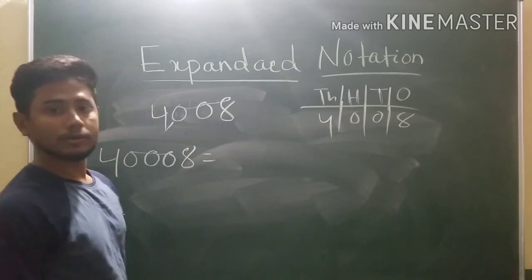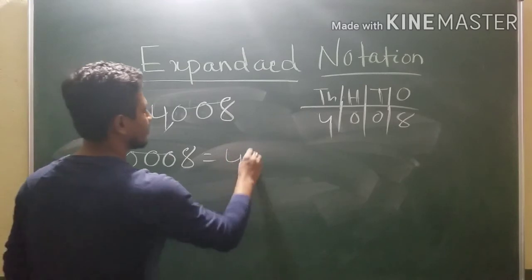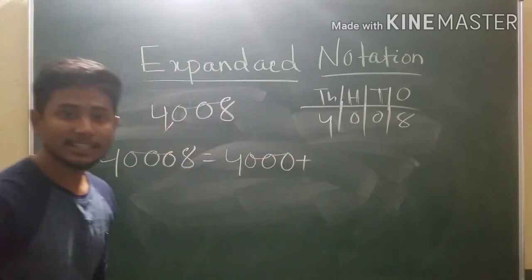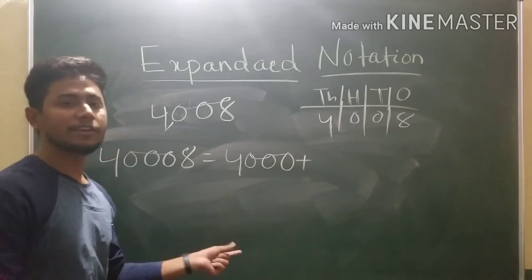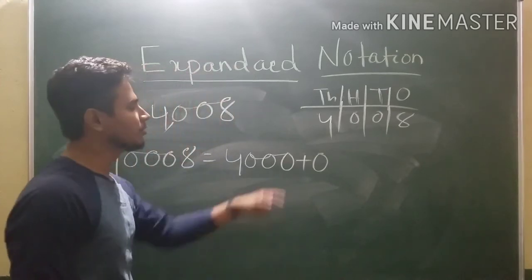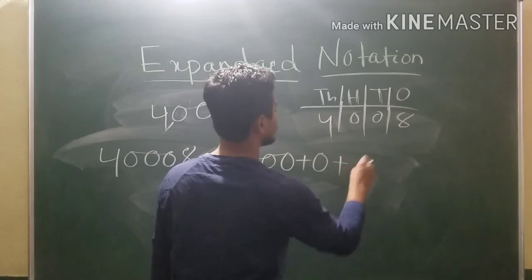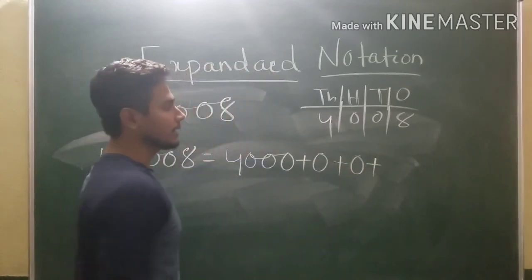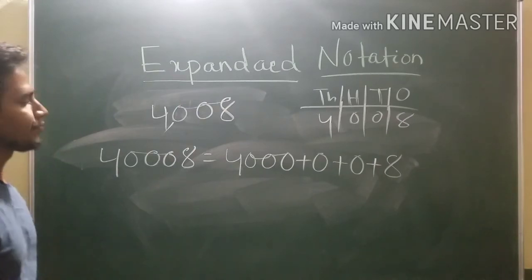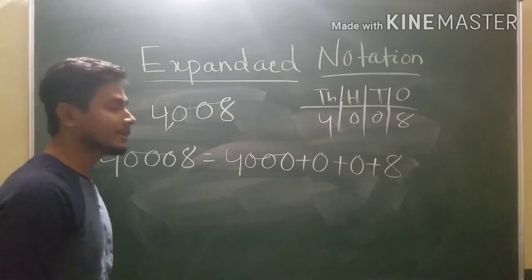So write down first, 4 is placed in 1000 place. So 4000. Then 0 is placed in 100 place. So if you get 0 here, then write only 0. If you don't write 0 also, that is also correct. Then here also 0, then put 0 only. Then 8, then write 8. So this is expanded form, and you can also say expanded notation.